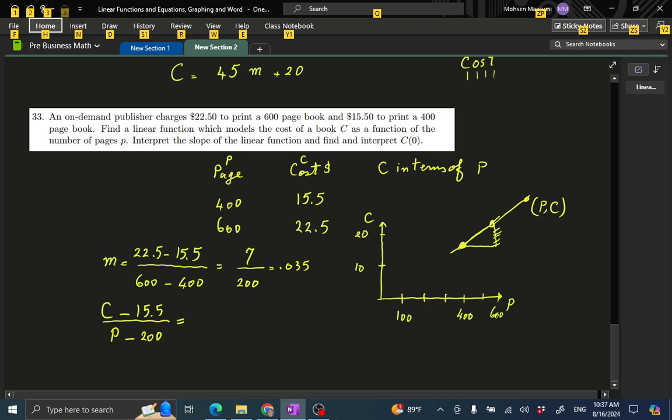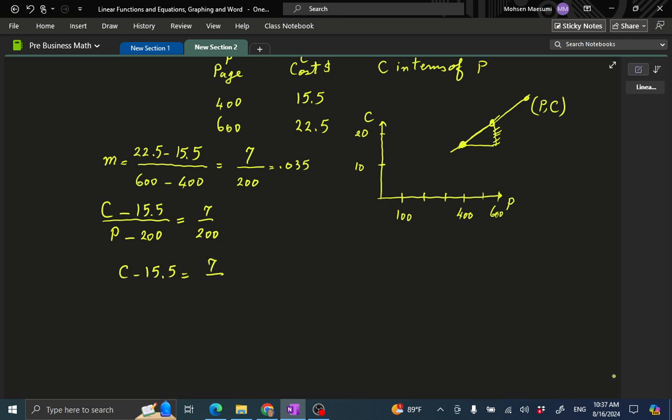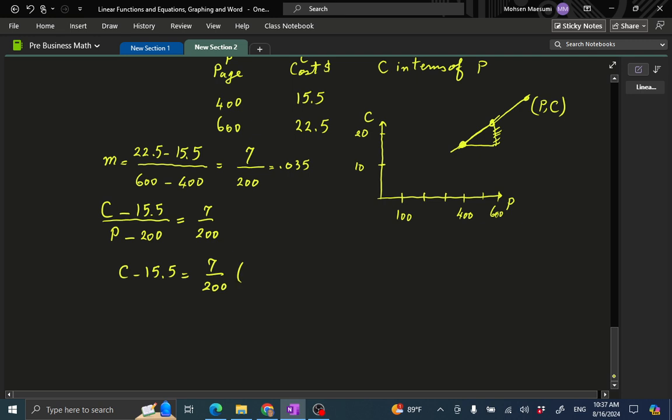That's the slope. That slope has to be the same thing, 7 over 200. So c minus 1550 is 7 over 200 of p minus 200, or c is equal to 1550 plus 7 over 200 of p minus 200.